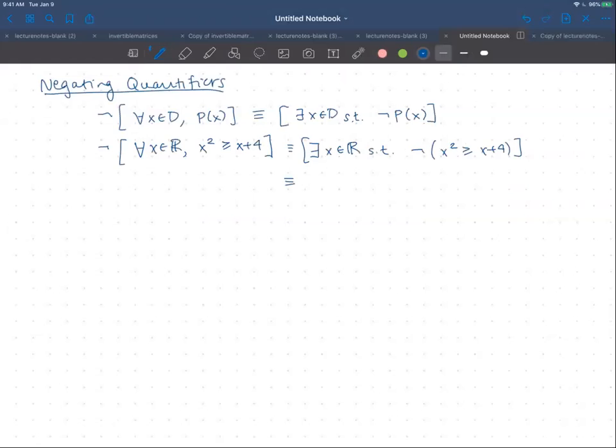And that we can rewrite because we know how to negate x squared greater than or equal to x plus 4. We could say there exists x in R such that x squared is less than x plus 4.